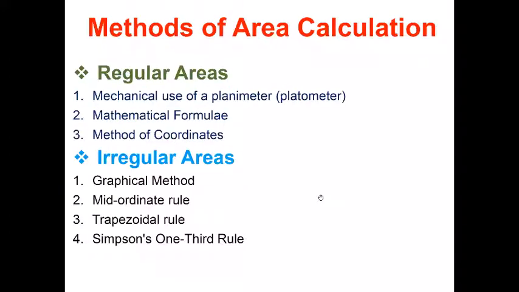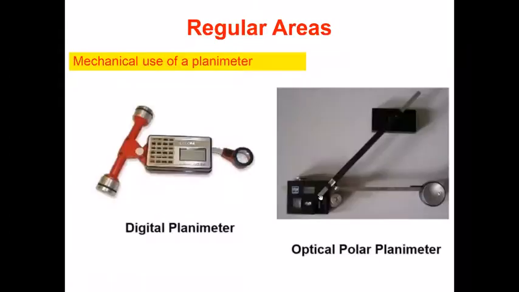For regular areas, we can use a planimeter, an instrument that we'll discuss. We have many mathematical formulas for different shapes, and then the method of coordinates that we are going to discuss. For irregular areas, again, we have a couple of methods that we'll see one by one.